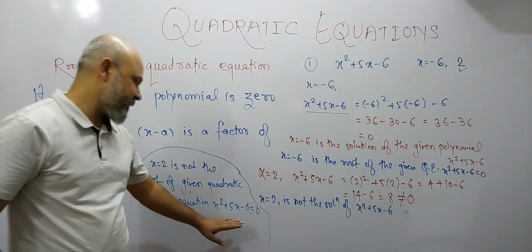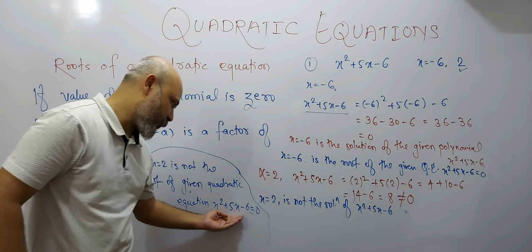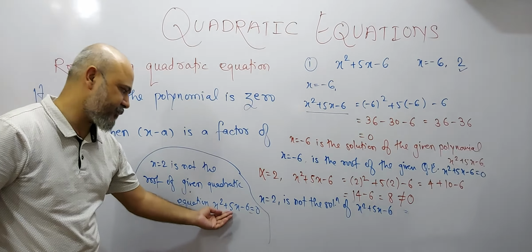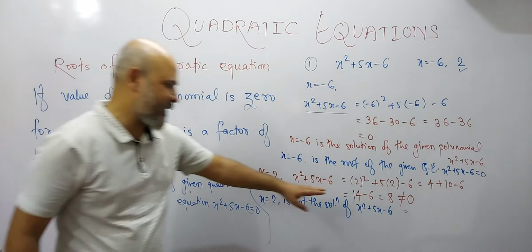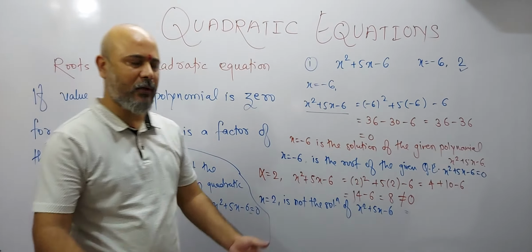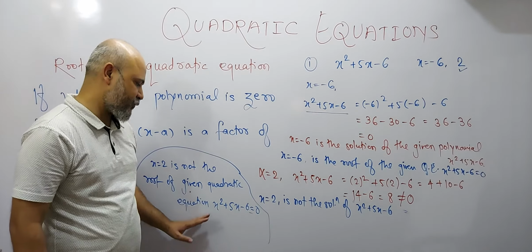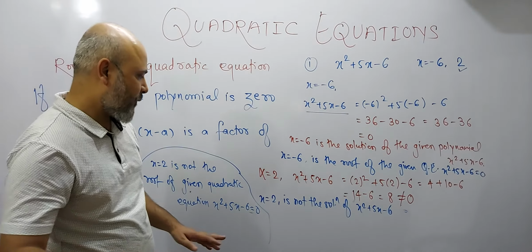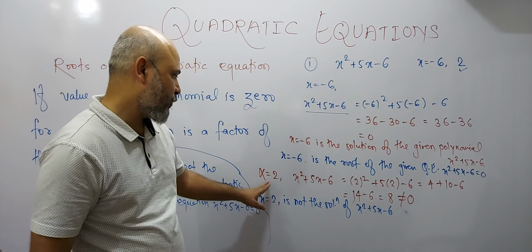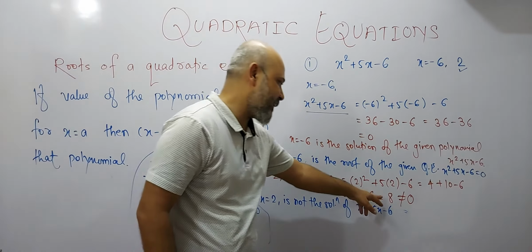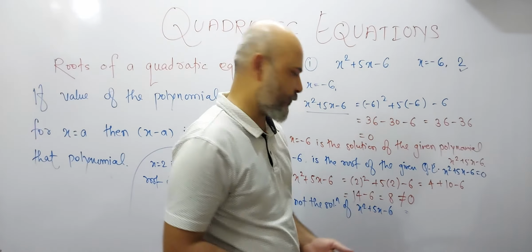Because when you solve the left hand side of this equation, x square plus 5x minus 6, this is the quadratic polynomial. But when you equate this with 0, this becomes a quadratic equation. Now when you put the value of x equal to 2, you are getting 8 and 8 is not equal to 0.